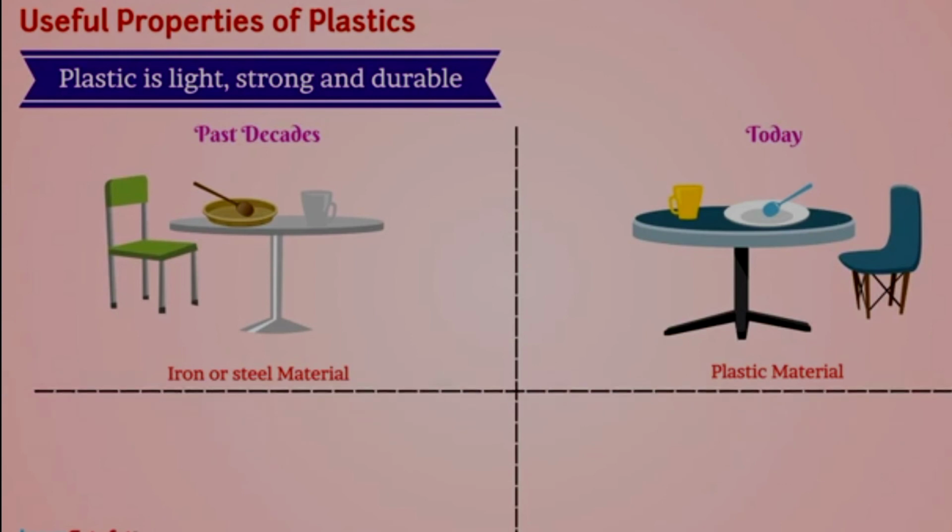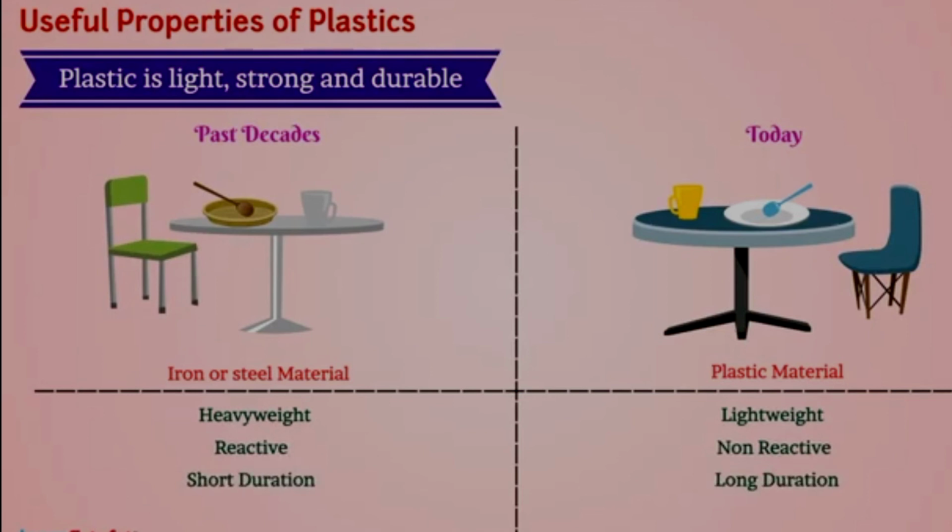Because plastic is far lighter than metals. I would not say it is much stronger than metals, but sufficient for our use. Furthermore, as plastic is non-reactive, plastic articles have a longer duration. These can be molded into different forms.